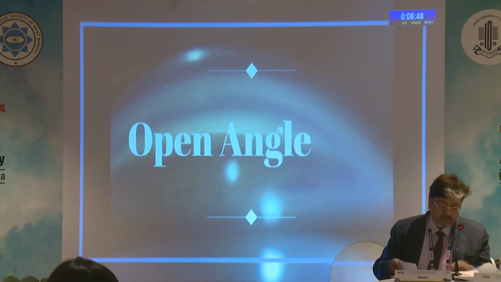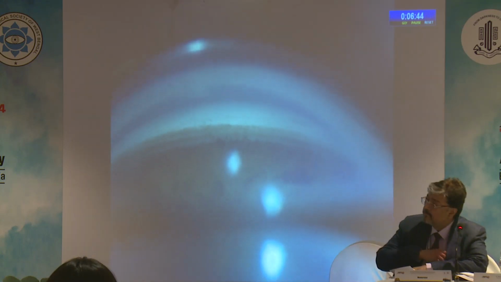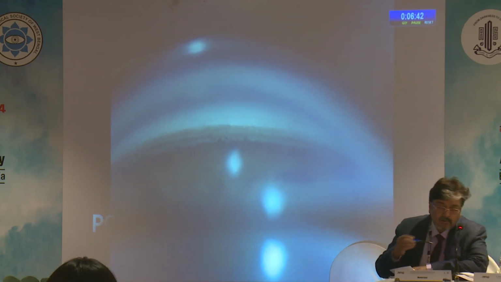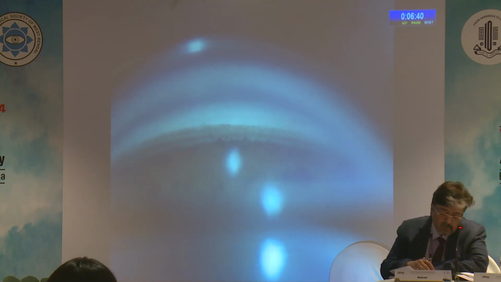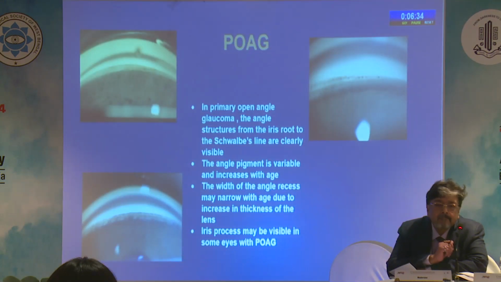In open angle glaucoma, we commonly encounter primary open angle glaucoma, where we see all the structures from iris root to Schwalbe's line. Angle pigmentation may be seen, variable with age. Sometimes even iris processes may be visible.